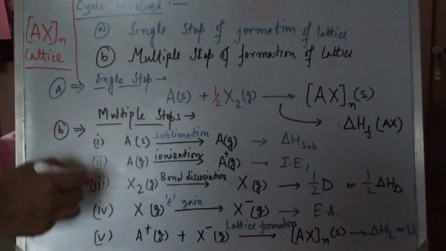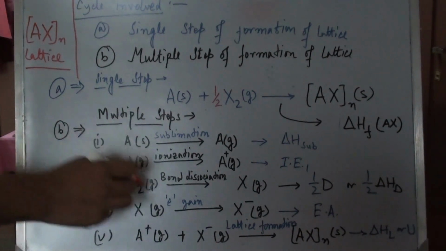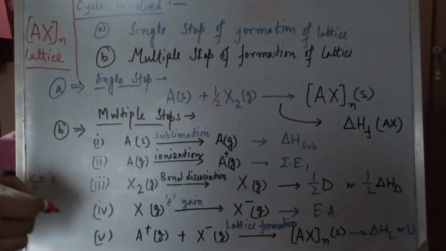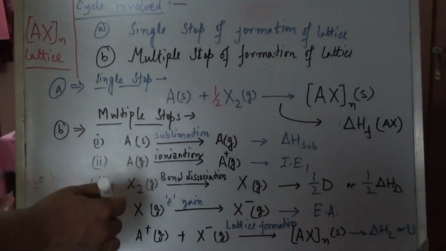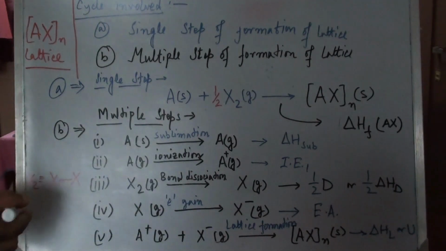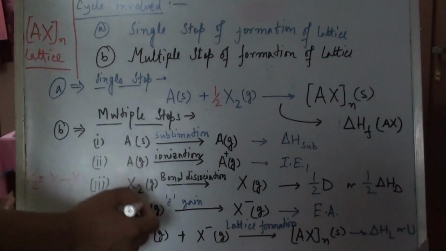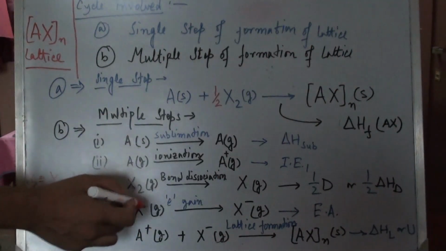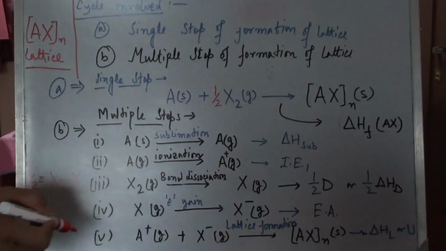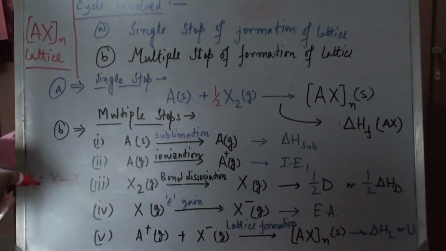Now the next step, we have produced X gas in atomic state. We have to convert it to X minus, that means anion, in gaseous state. This step is nothing but an electron gaining step. It is called electron affinity, where the valence orbital of X accepts one electron from infinity, producing X minus, and the energy released in this process is called electron affinity.